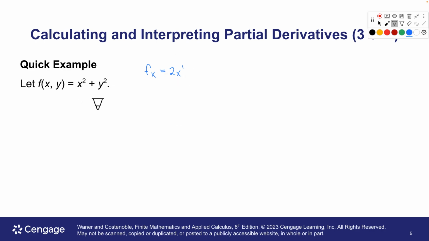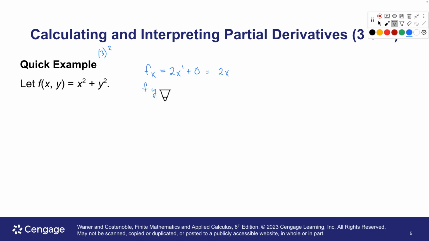We're going to treat y as if it were a number, some number like 3 squared. 3 squared is 9. Take its derivative, it's going to be 0. So the partial derivative with respect to x is simply 2x.